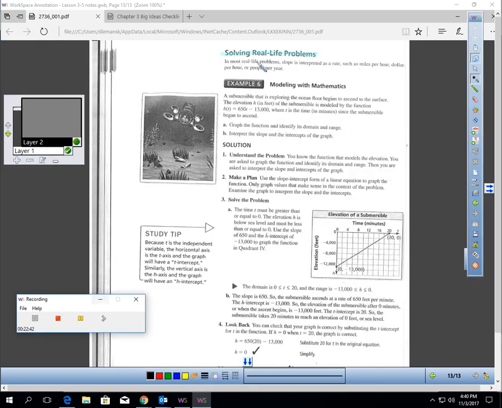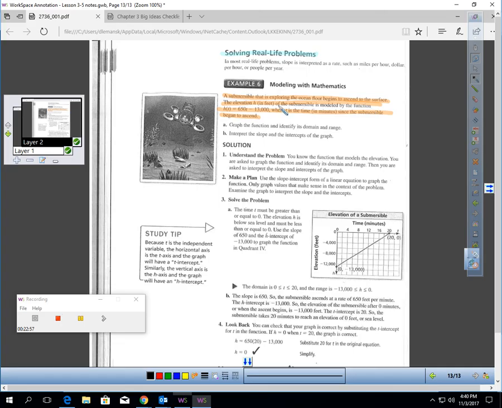And finally, the last part, solving a real-life problem with slope-intercept form. Most real-life problems, slope is interpreted as a rate like miles per hour, dollars per hour, or people per year. So when you see this question, a submersible, like a little personal submarine, that is exploring the ocean floor begins to ascend to the surface.